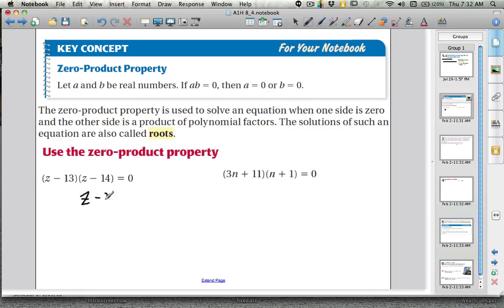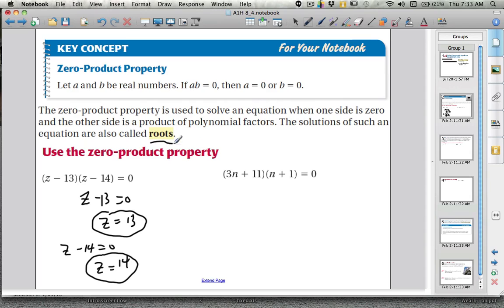So if I set z minus 13 to be equal to 0, I'll find that z could be equal to 13. And if I set z minus 14 to be equal to 0, I'll get z is equal to 14.